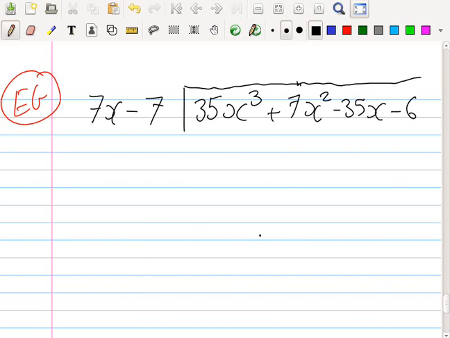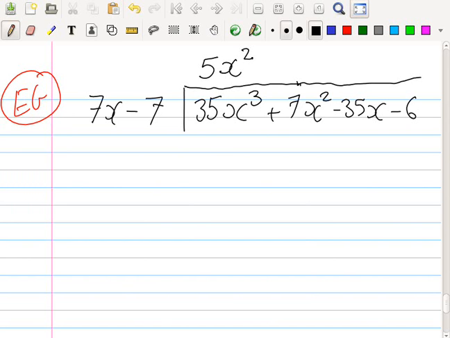The process is exactly the same, just a tiny bit more difficult, but not much more difficult. You start off by asking yourself again, what do you multiply 7x by to make 35x cubed? And the answer is 5x squared.